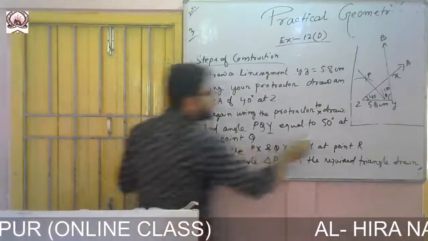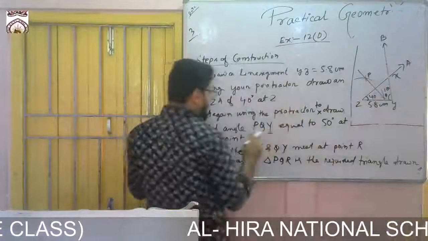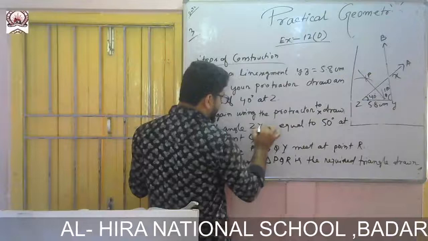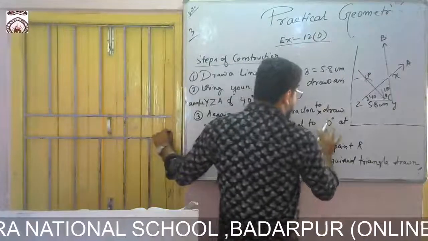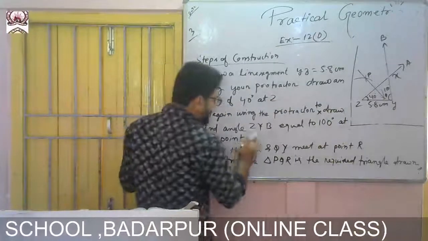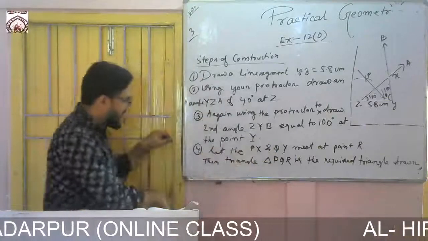You can write ZYB or YZB. ZYB equals 100 degree at the point Y.